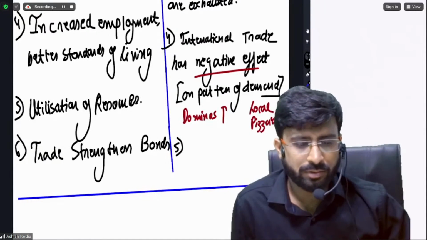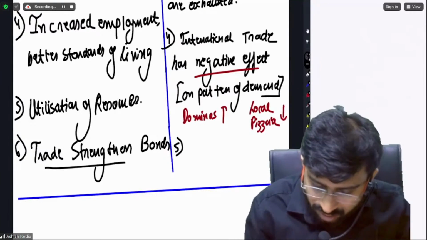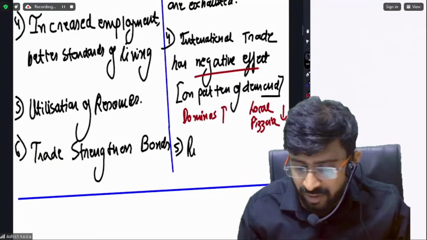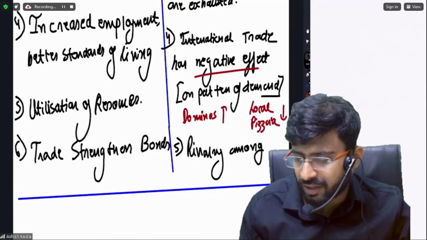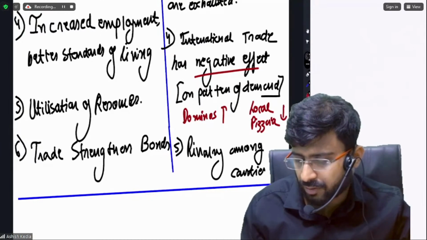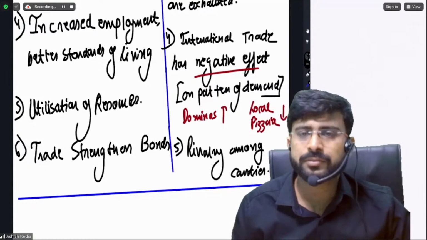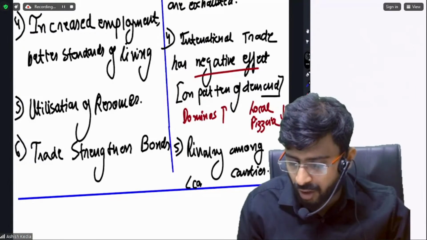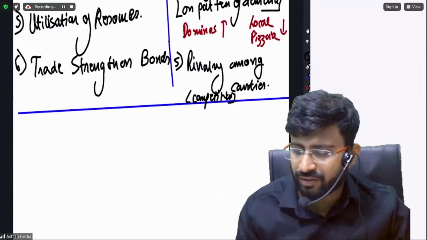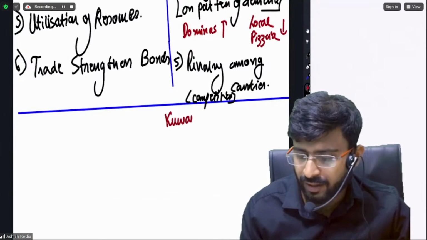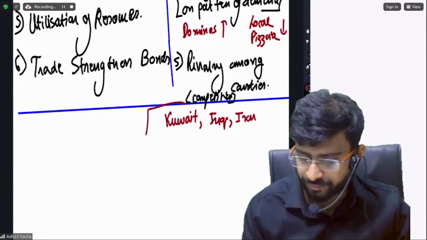Fifth point. Just like there is bonding, it may also create rivalry among countries, because of competition. Today there are so many countries, the Gulf countries, Kuwait, Iraq, Iran.